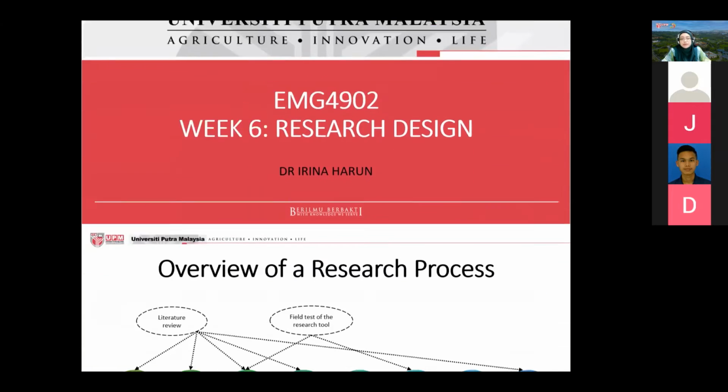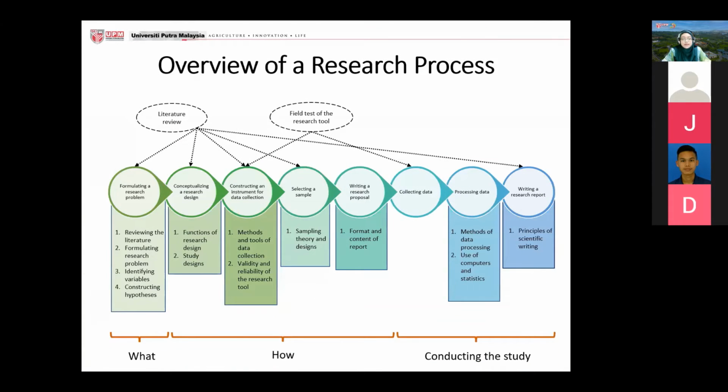For today, we are looking at research design. Before we go specifically into that, it would be good to look at an overview of the research process.